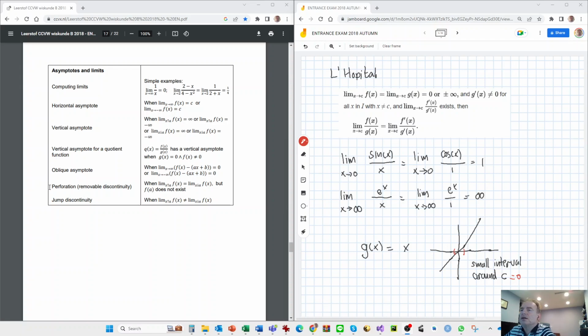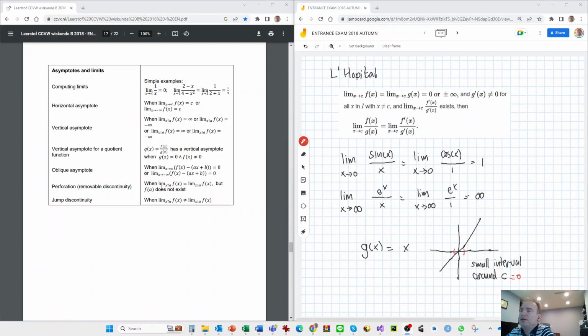Then finally, a perforation. What is that? That means that say we have a function for which f(a) does not exist.